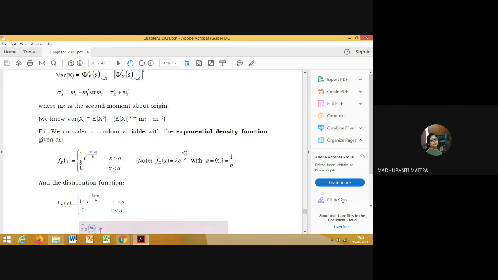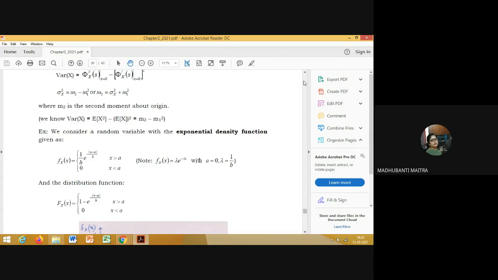So generally we describe the exponential density function with the help of one single argument, which is lambda. So in this particular case, if we want to map this density function into this, we find that the value of a will be equal to 0 and the value of lambda will be equal to 1 by b.